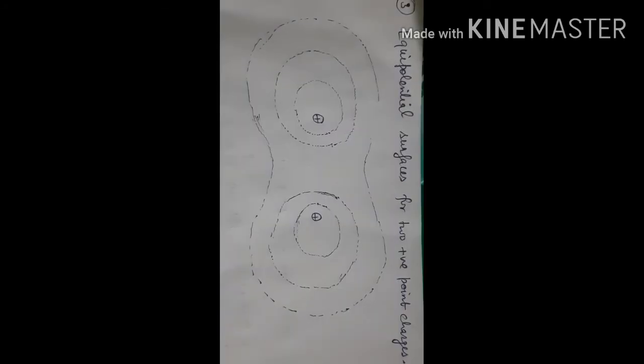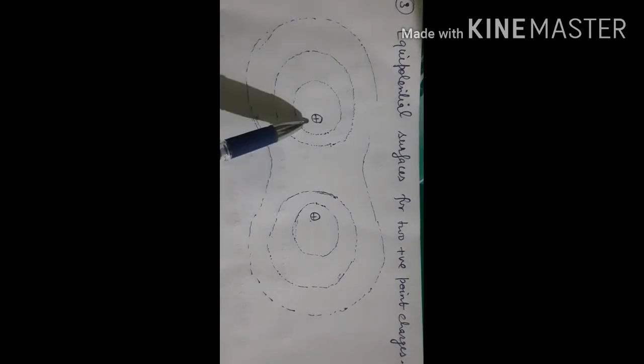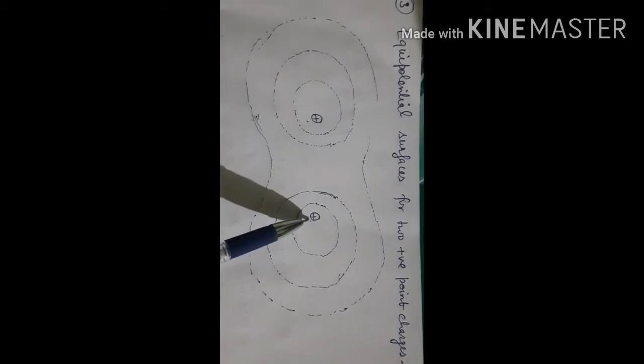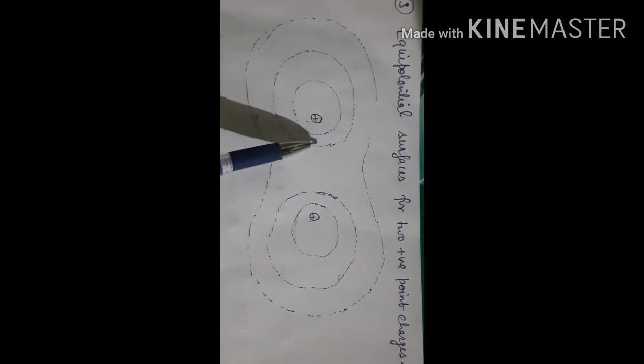Similarly, we can draw the equipotential surfaces for two positive point charges. But because of the presence of this charge, the shape of the equipotential surfaces gets distorted. It becomes closer at this end and becomes broader at the farther end.